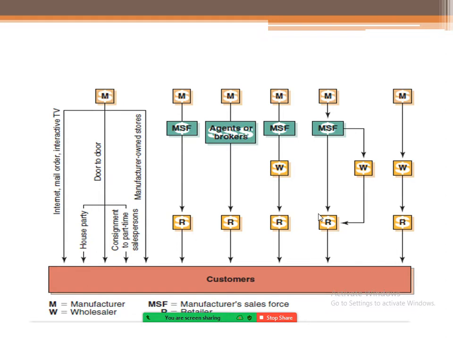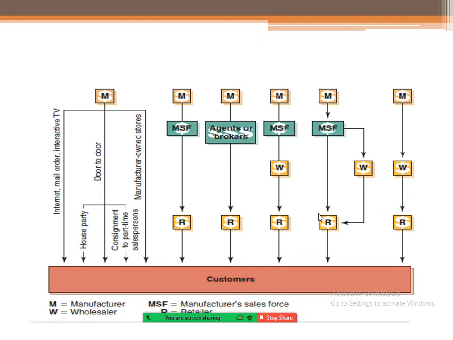So this summarizes six channel structure alternatives for consumer products. The characteristics of both buyers and products have an important influence on channel design. The first alternative is to market directly to the buyers through internet, mail order, and various door-to-door selling, etc., or manufacturers' own retail outlets.